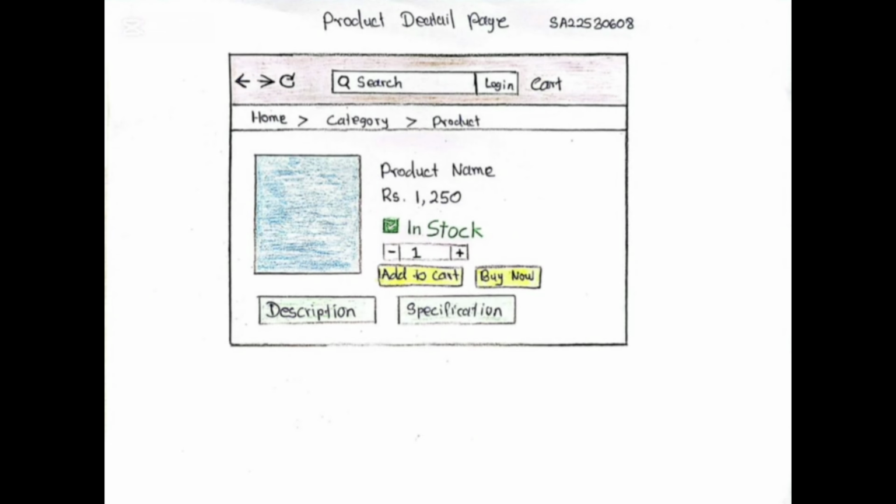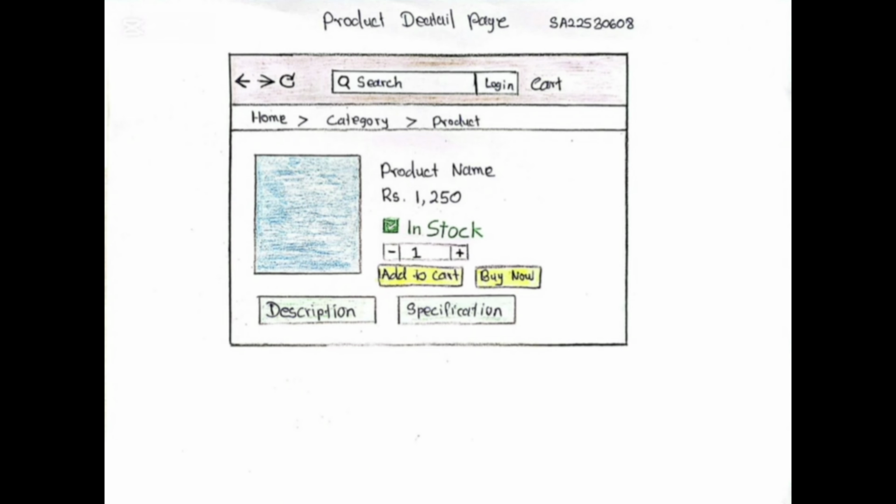In part 1, it was identified that the product detail page lacked clear visual hierarchy and important information was not emphasized. In this redesign, the layout is divided into two sections: product image on the left and product details on the right. Key information such as product name, price, and availability is clearly highlighted.